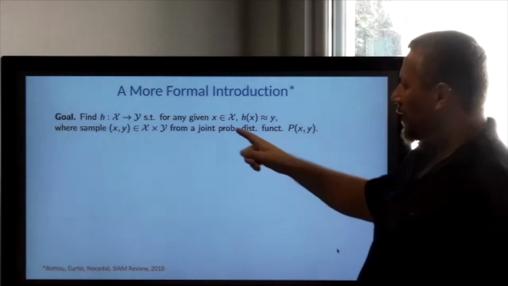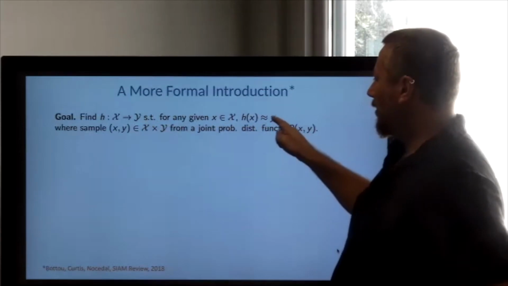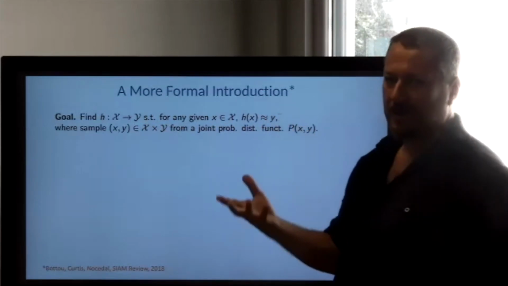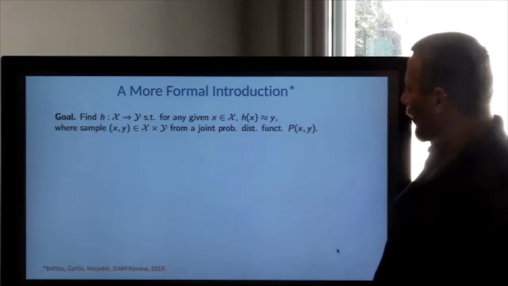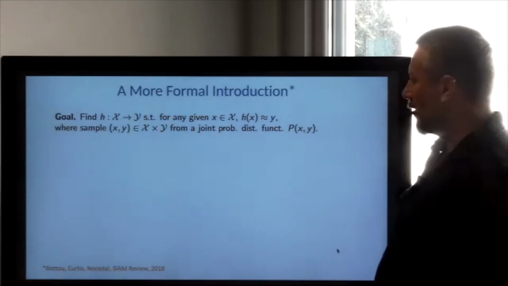And what you want is for your h to output a value which is very close to the right output. That's our problem. How to choose an h which does that?